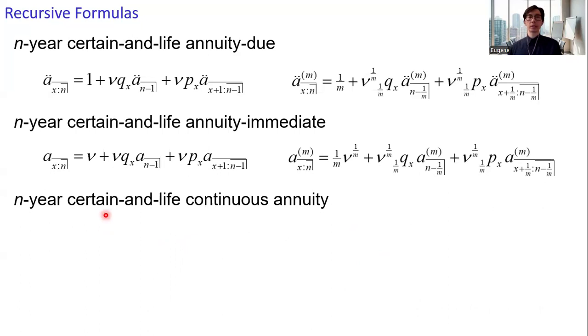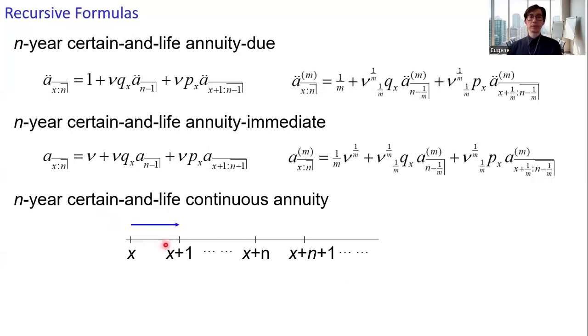For the continuous case, the payments for the first year, A bar angle 1. And then the payment is certain for the first n years.